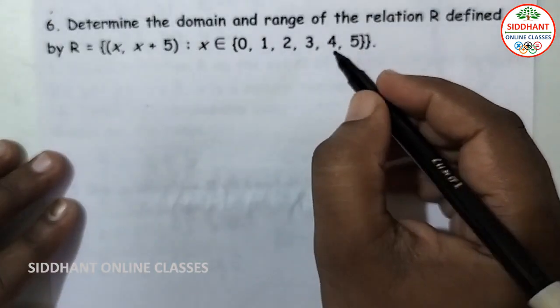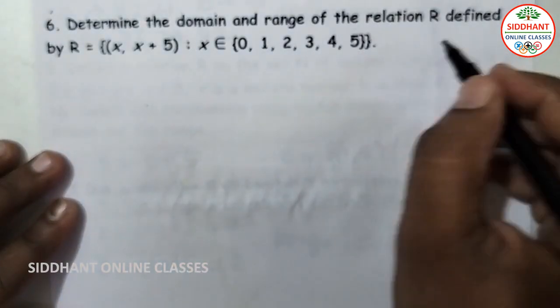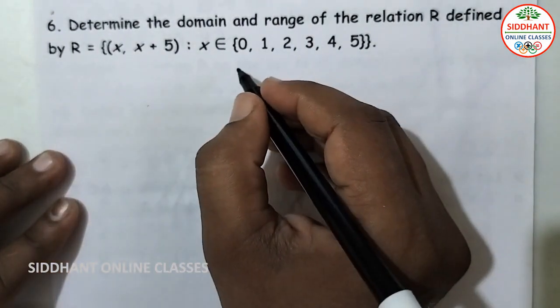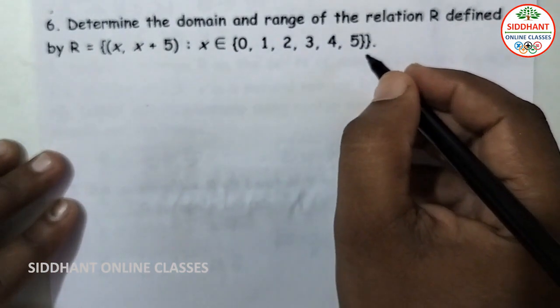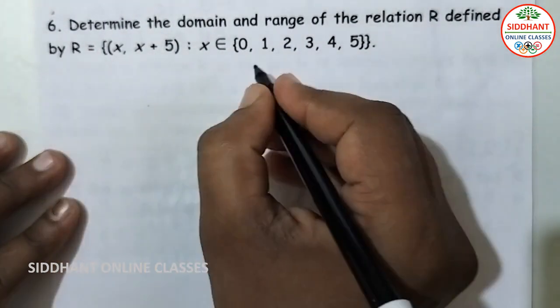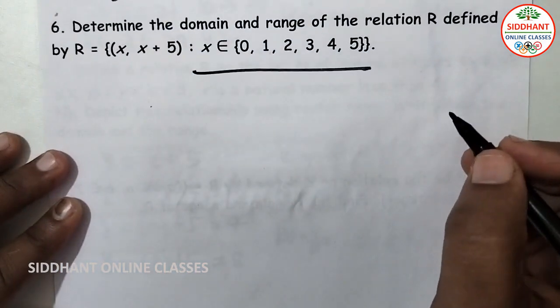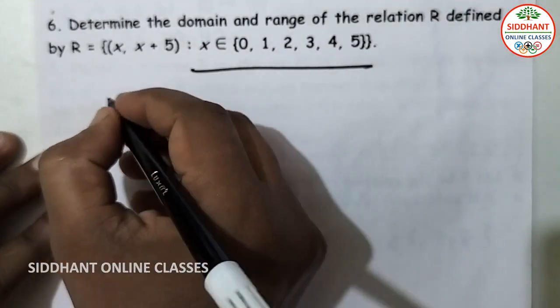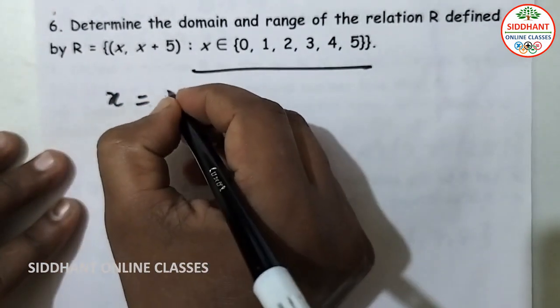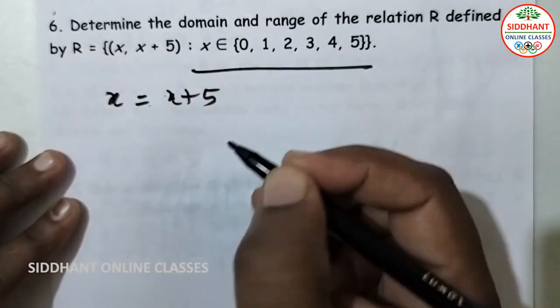Determine the domain and range of the relation R defined by R = {(x, x + 5)} such that x belongs to {0, 1, 2, 3, 4, 5}. So here we are given the x elements, and the condition given is y is equal to x plus 5 here.